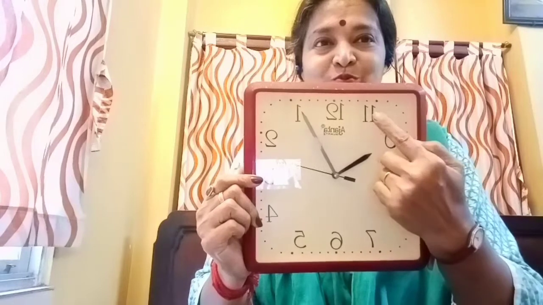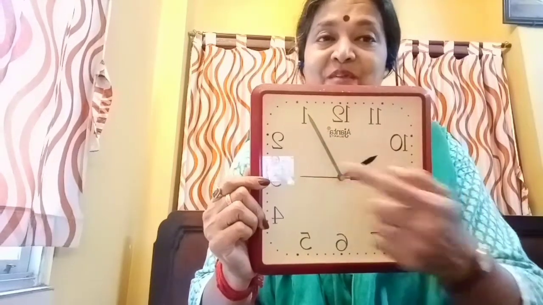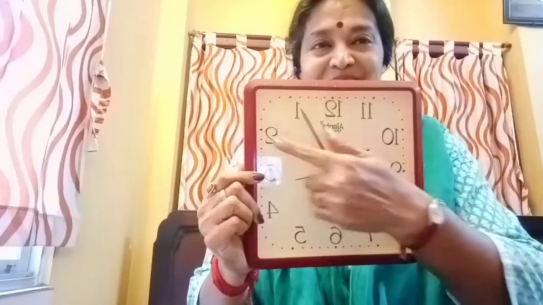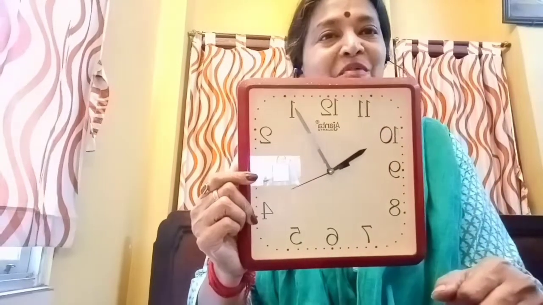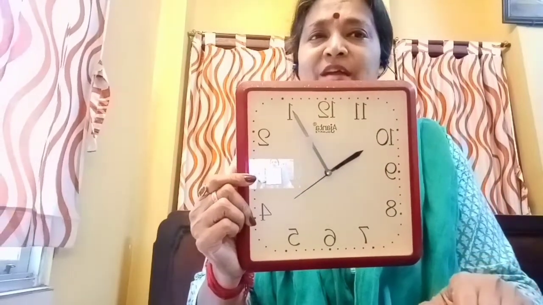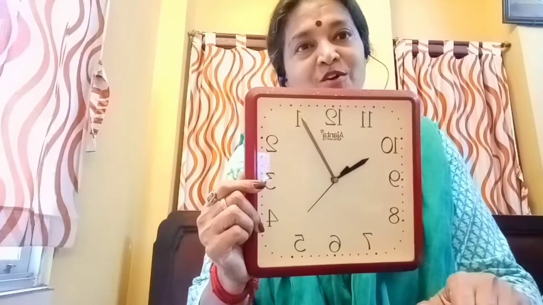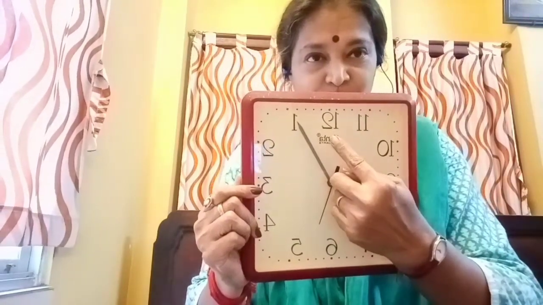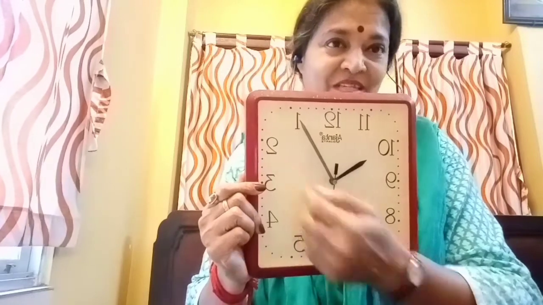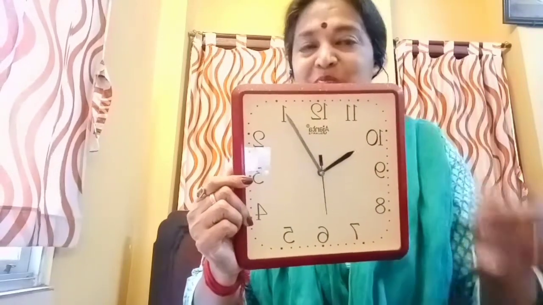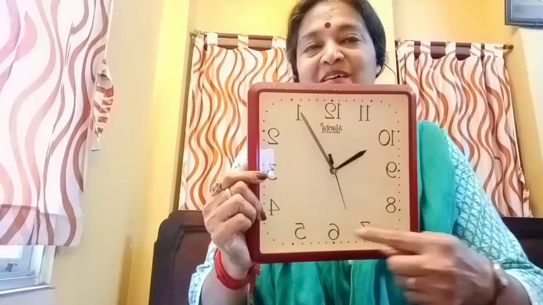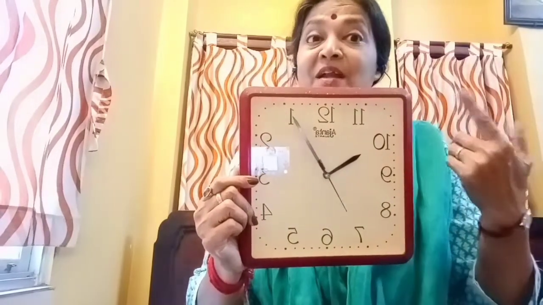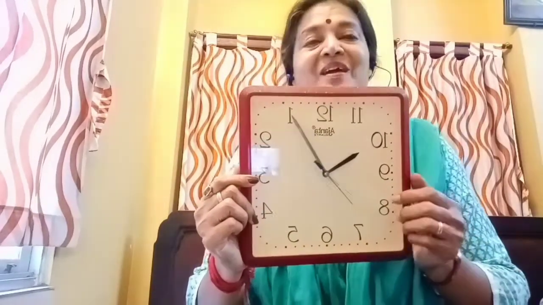That means 1, 2, 3, 4, 5. There are 5 1s over there. And if anybody asks how many times you get 2 on a clock's face, the answer will be 2, because one time 2 comes over here, another time 2 is here. Like that, you have to observe small things regarding this clock so that you can easily answer.